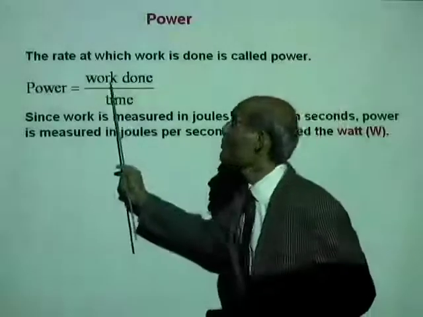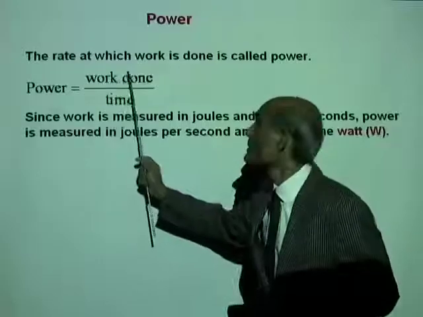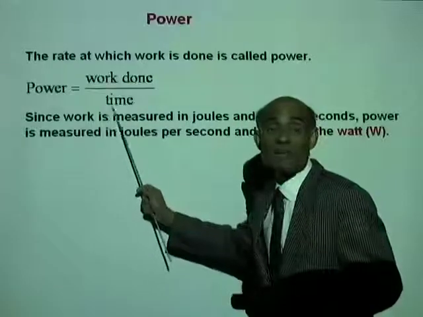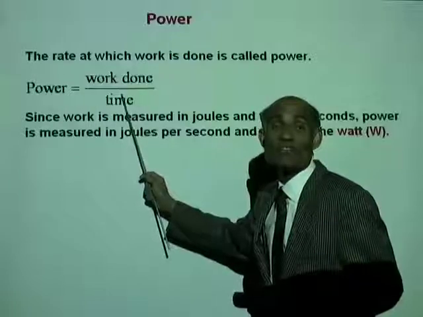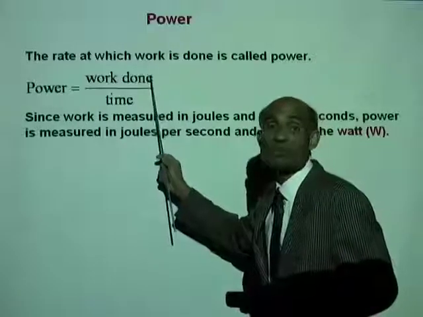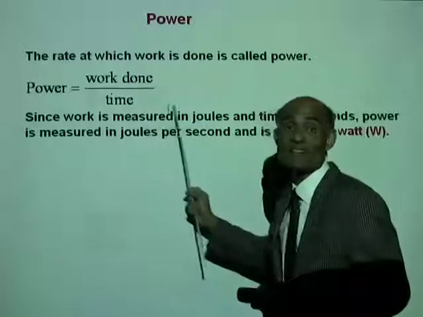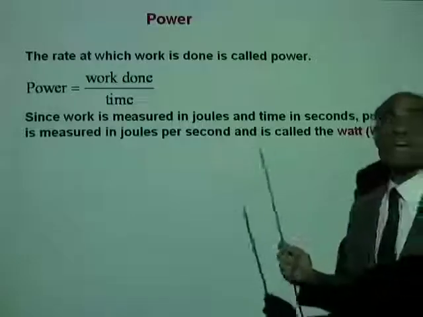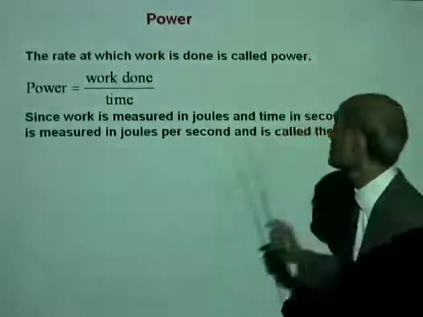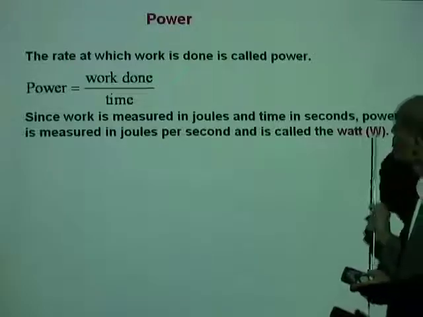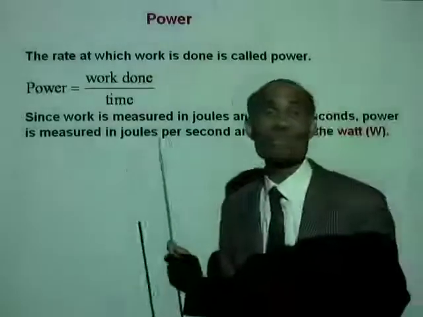What is the unit for measuring power? Work is measured in joules. Time is measured in seconds. Therefore, power is measured in joules per second, and joules per second is called a watt, and we represent that by the uppercase W. Now, notice all these are very important concepts.